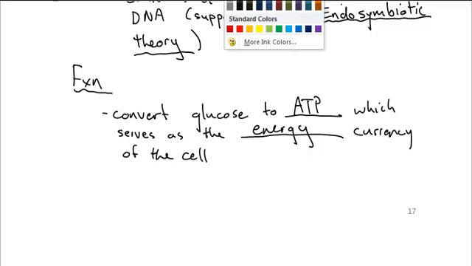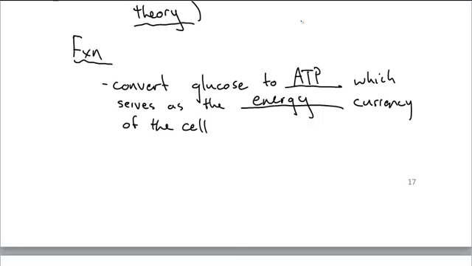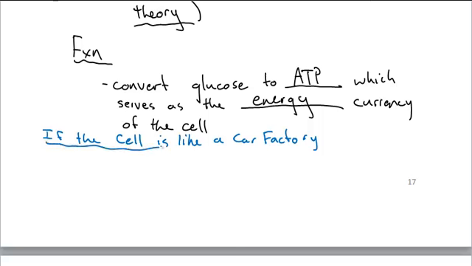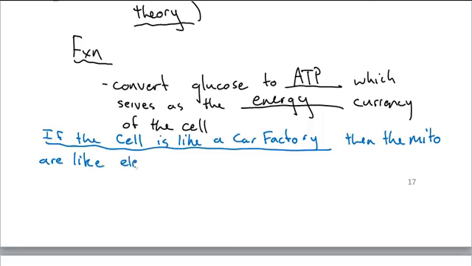Now, if we were to take it to a car factory analogy, okay, if the cell is like a car factory, then the mitochondria, and we're just going to shorten it to mito, the mitochondria are like electrical transformers, and you can see these outside of your house.